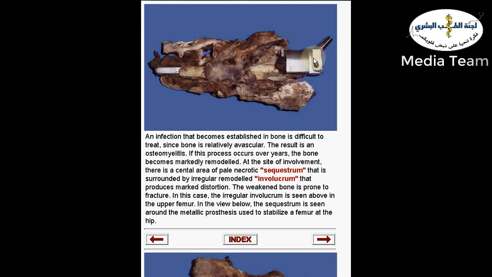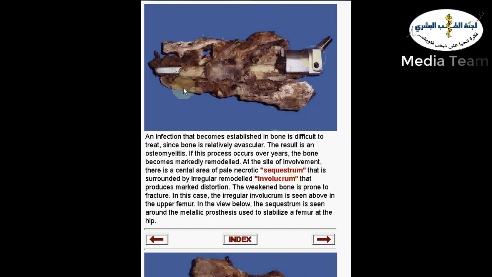We are going to cover some lesions of the bone, and benign and malignant tumors. So any lesion in the bone can cause weakness in that bone, and that may lead to fracture. If the fracture is severe, sometimes we need to put a metallic prosthesis inside the bone to help the bone for remodeling and healing in that area of fracture.